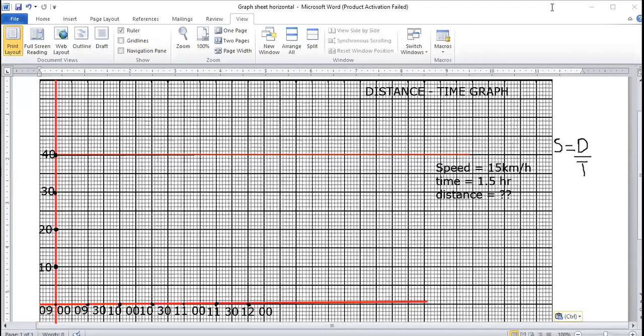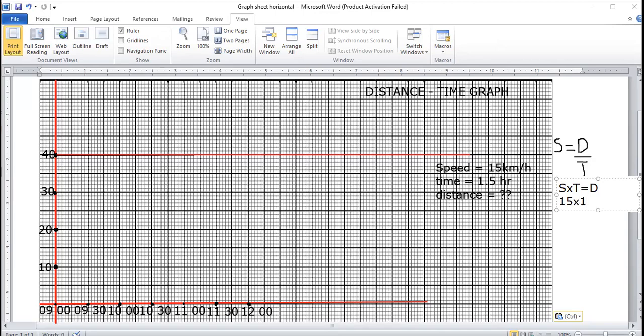Now, we know that speed equals distance upon time, and over here I have to find distance. So what will I do? I will write distance equals speed multiplied by time. The speed is given as 15 kilometer per hour.